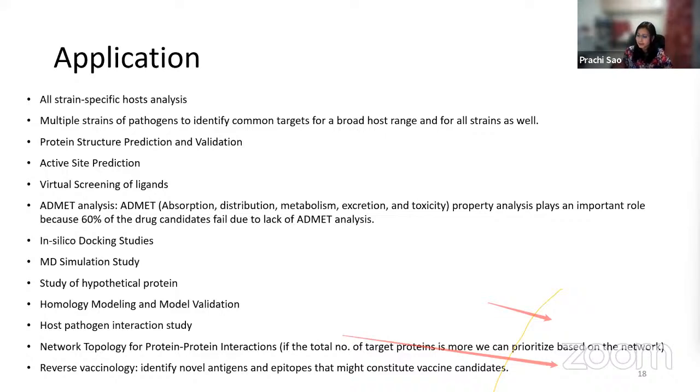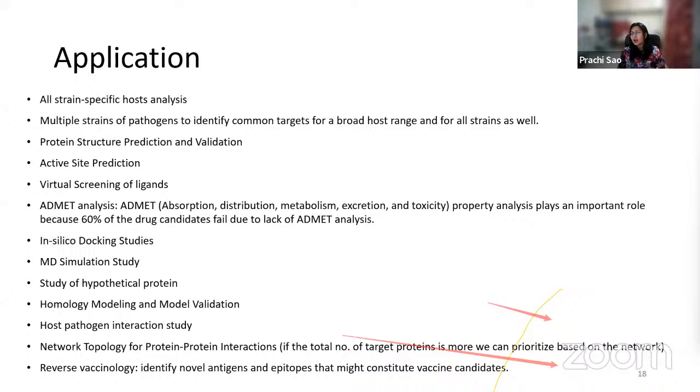Then at an advanced level, we can go with the network, topological studies of the network. This one methodology is actually my favorite. In this study, at last you have got 100 proteins. Now how will you decide which one to prioritize or how to filter those? For that we do an interaction study.